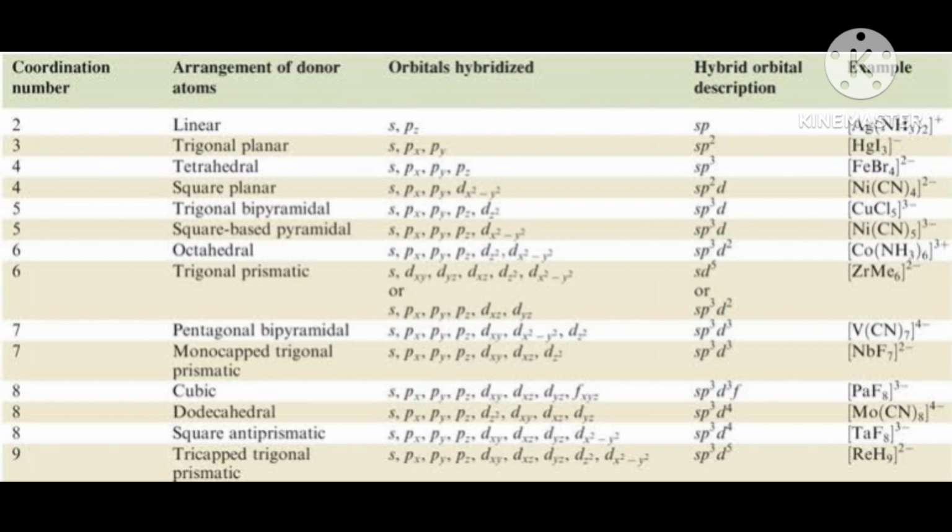These are some limitations, also called shortcomings, or weaknesses. Four terms are used: weakness of VBT, shortcomings of valence bond theory, limitation of valence bond theory, and failure of valence bond theory. Whichever way the question is asked, the answer is the same.